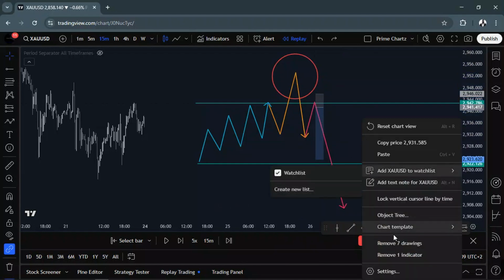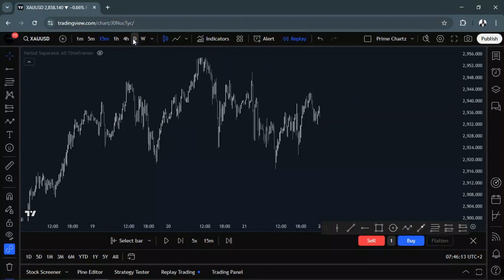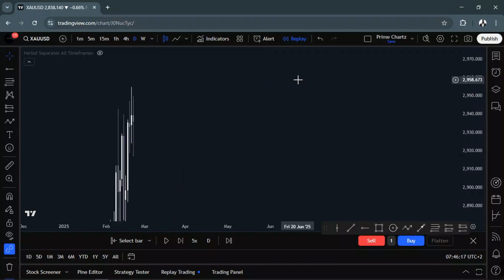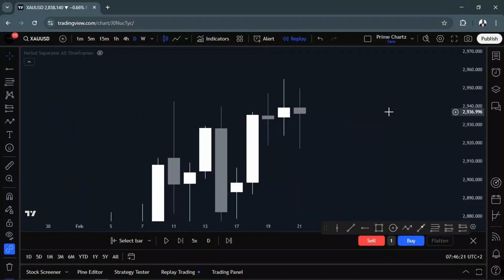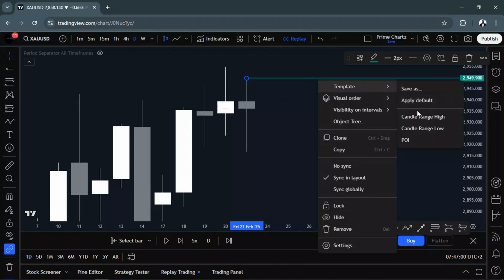Now let's remove all of this, okay? And let's go on a daily time frame. Let's look at the market from a daily time frame. Let's focus on this candlestick right here. The first thing that we want to do is to mark our high right here, our swing high.